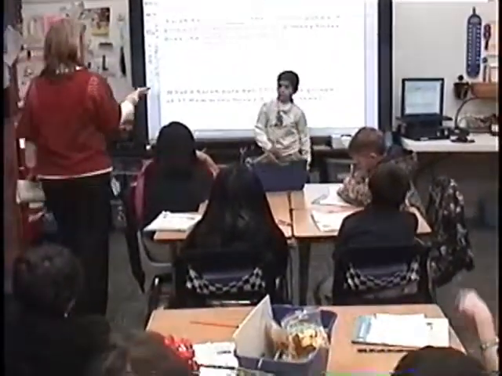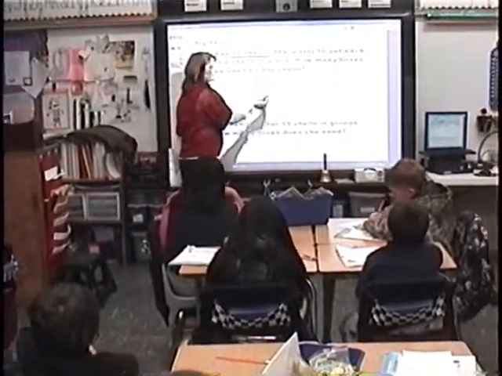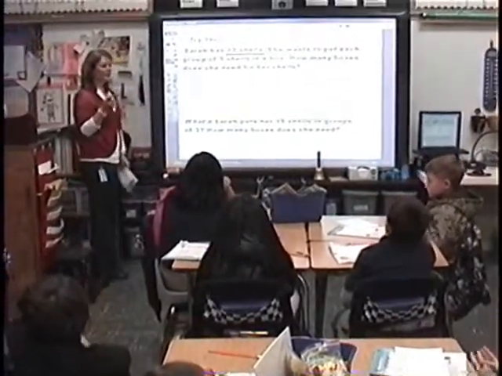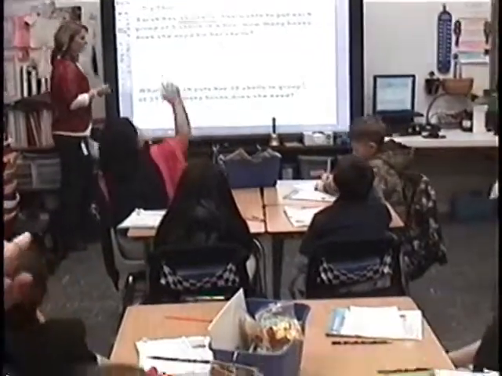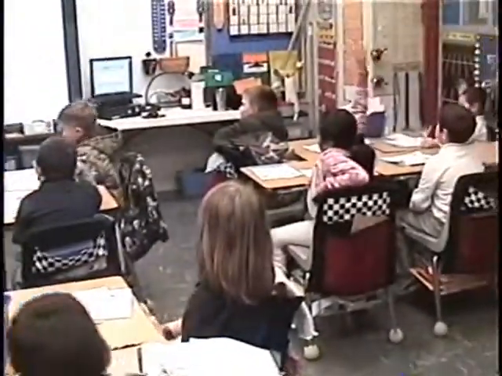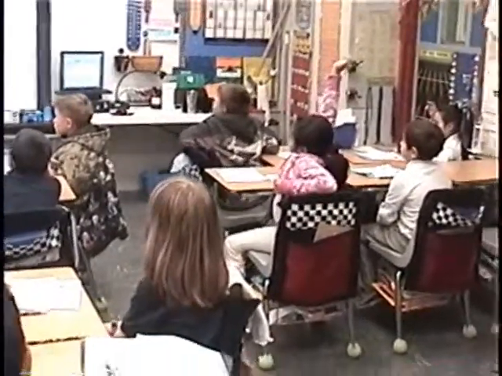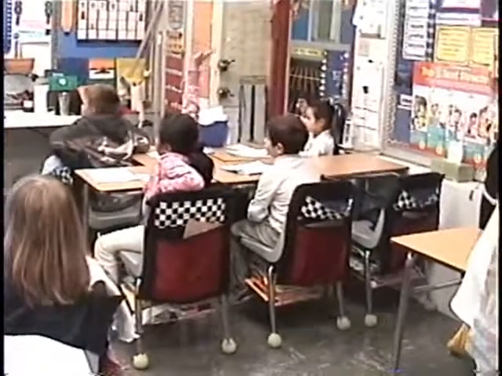How many groups did he come out with? 3. So these 3 represent what in our word problem? Caden, what does the 3 represent in our word problem? Look at the question. Sarah has 15 shells.